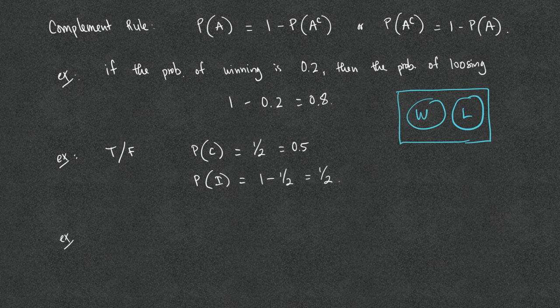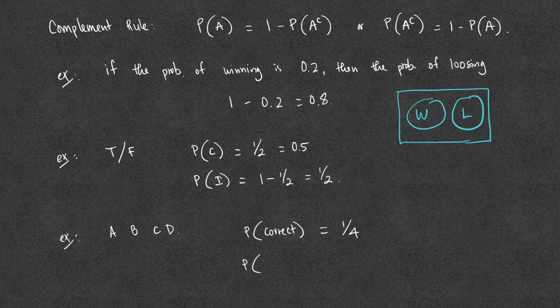If we were to guess a multiple choice question with 4 options A, B, C, D, out of the 4 options, there is only one correct choice. Therefore, the probability of guessing a correct choice is 1 out of 4.